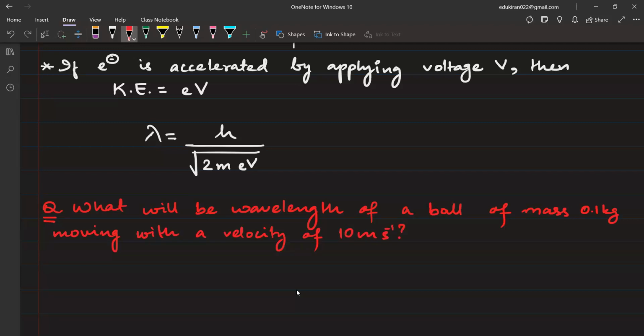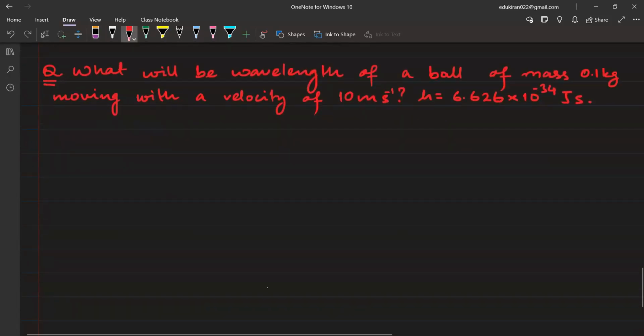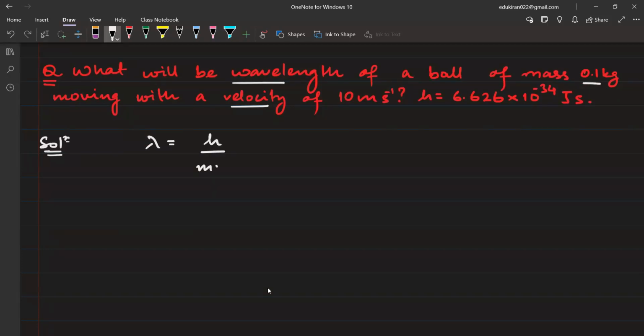They have given the value of h, Planck's constant, equal to 6.626 into 10 to the power minus 34 joule second. What you need to do is just apply this formula, nothing else. Wavelength they have asked, they have given the velocity, they have given the mass also. So the formula will be lambda is equal to h upon mv. Please calculate the lambda.